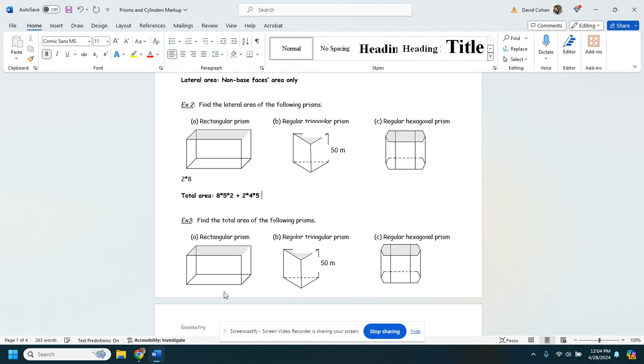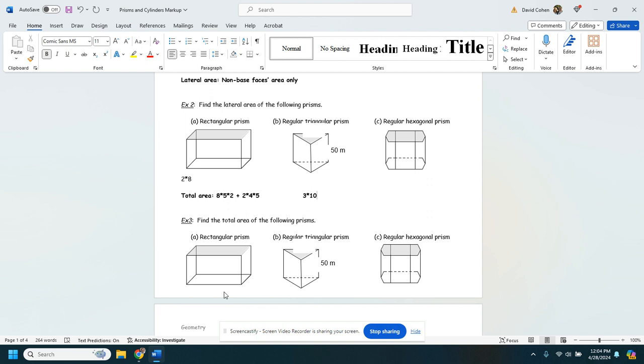And now let's take a look at our regular triangular prism. We know that there are 3 sides. There's a left, a right, and a back. Those are faces, not bases. So 3 of them. We know that their width is 10 because the regular triangle is 10 by 10 by 10.